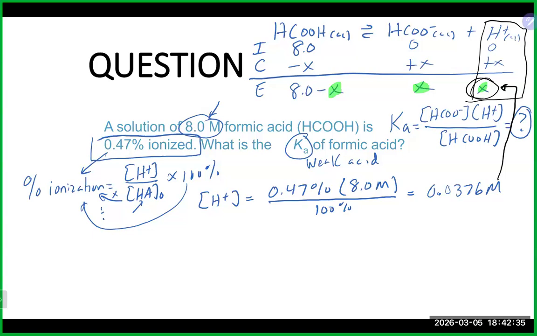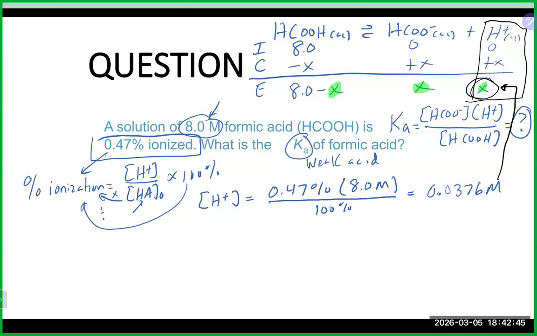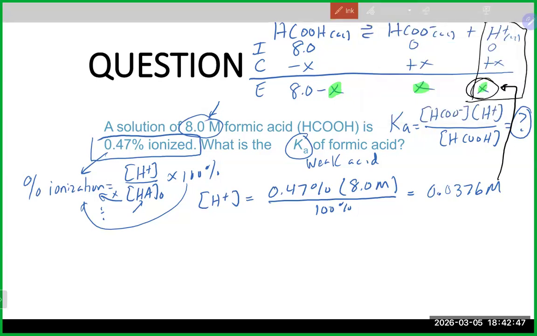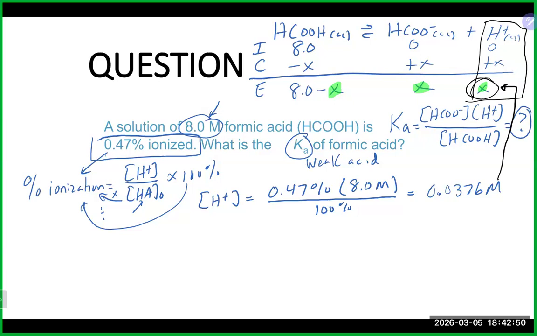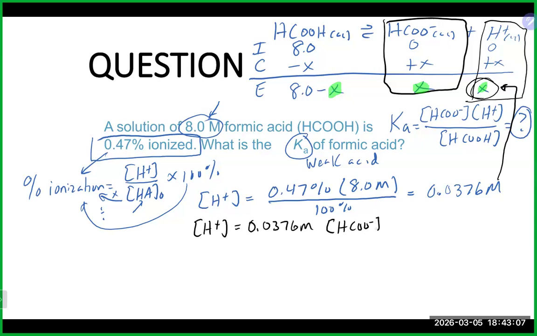So what we could use here is our percent ionization to back calculate the H plus concentration that we have at equilibrium. And from that, we now have the x values for everybody. And now we could actually get the concentrations of everybody at equilibrium. So we know that the concentration of H plus at equilibrium is 0.0376 molar. We also see that the formate here at equilibrium is equal to x. So the concentration of HCOO minus is 0.0376.